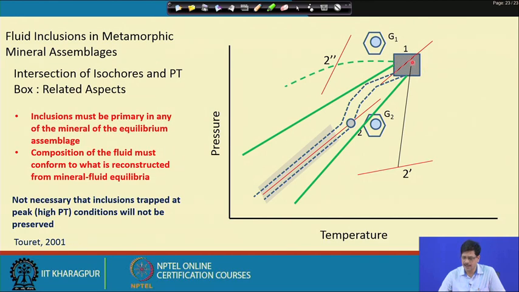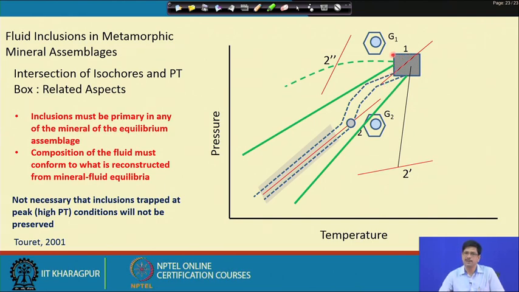Now, if we have one or more mineral members of this particular assemblage where we look for fluid inclusions, and we see fluid inclusions in the form of primary inclusions, then it leads us to presume that there could be fluid that was trapped during the peak metamorphic condition, and we look at the fluid, of what nature, what composition it is, whether it is a mixed aqueous carbonic type or a pure carbonic type or pure aqueous type.